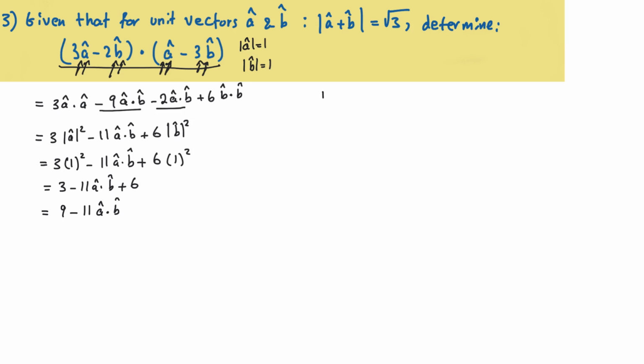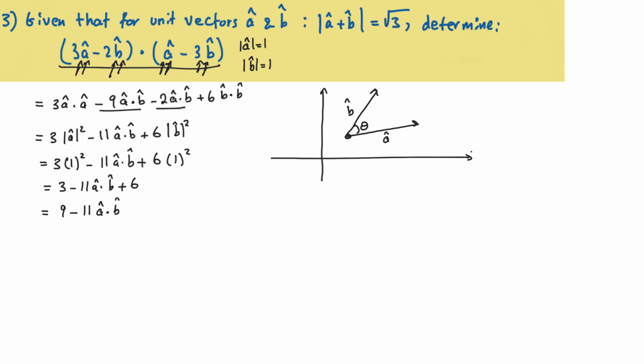I'm going to draw a coordinate system here, and in this one, let's say this is unit vector A, it's got a length of 1, and I am going to draw B. Let's say this is unit vector B, it has a magnitude of 1. We don't know the angle between them, so I'm going to leave it as theta.